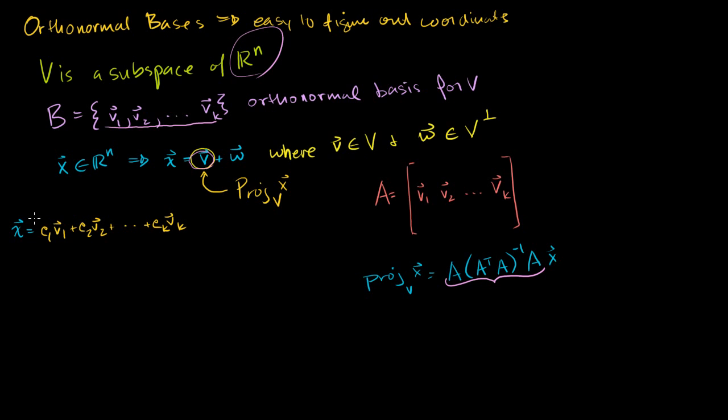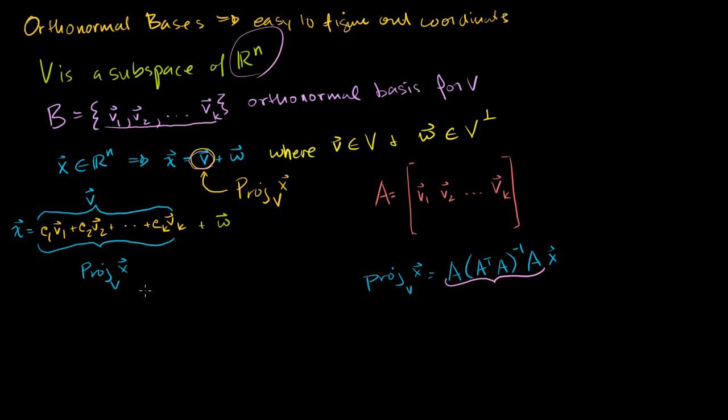This is the same thing as just some unique member of my subspace V. So that's v right there, and you can also view this as the projection of x onto the subspace V. So x can be represented as some member of V, and then some member of V's orthogonal complement, plus w right there.